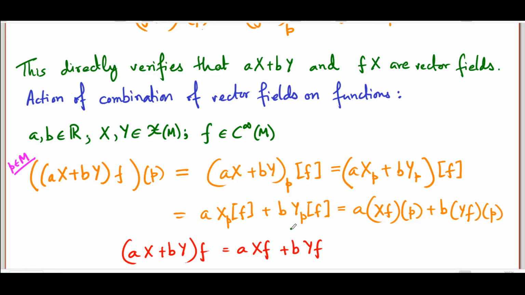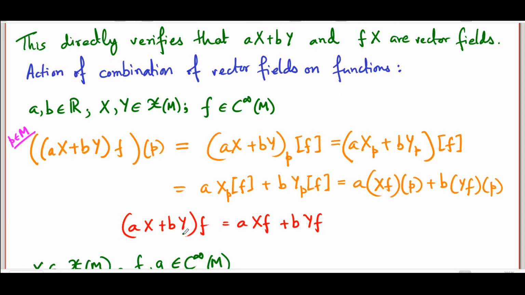Now, going backwards after this stage, Xp f is nothing but the function Xf at the point P. And Yp f, of course, is the value of the function Yf at the point P. So we see that aX plus bY acting on f gives me a function whose value at a point P belonging to the manifold is given by the value of the function a times Xf plus b times Yf at the point P. And therefore, we can say that the function that you get when aX plus bY acts on f is a times Xf plus b times Yf.